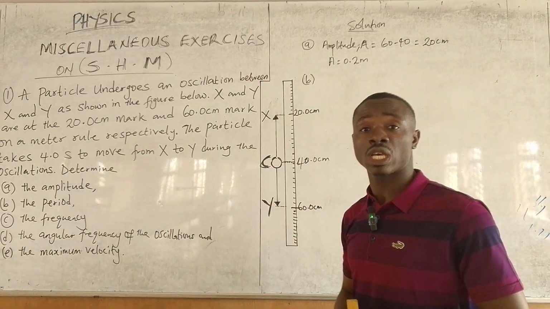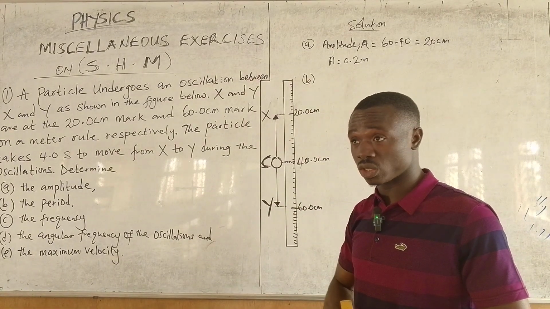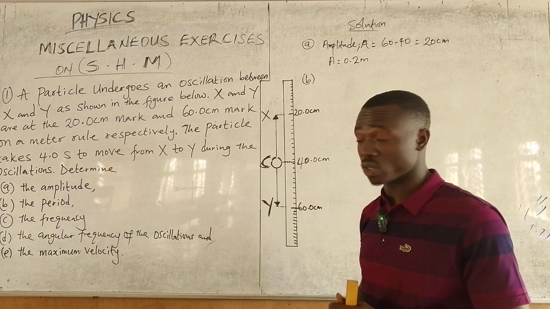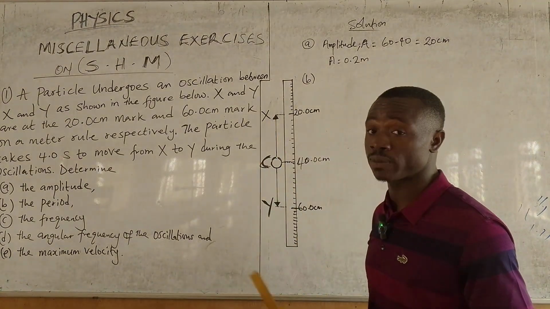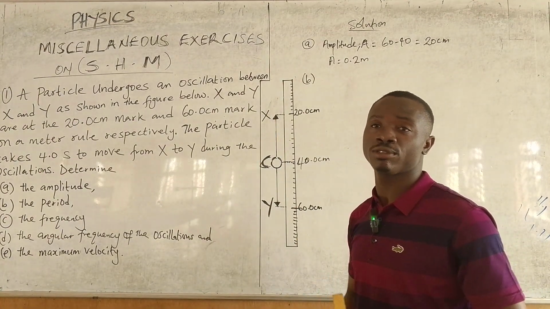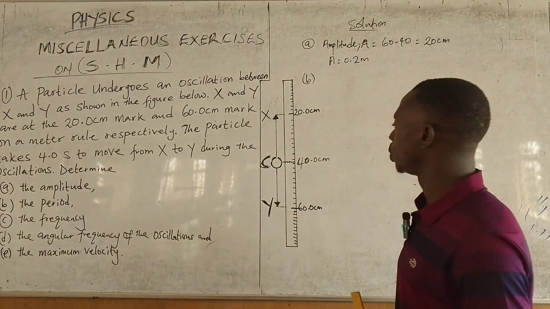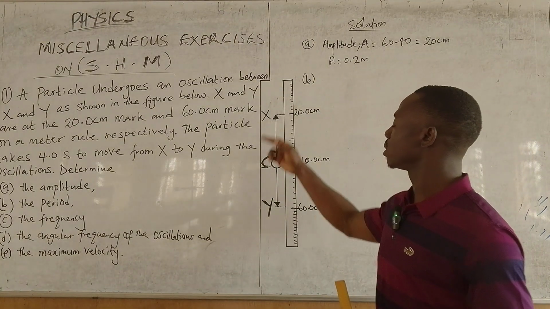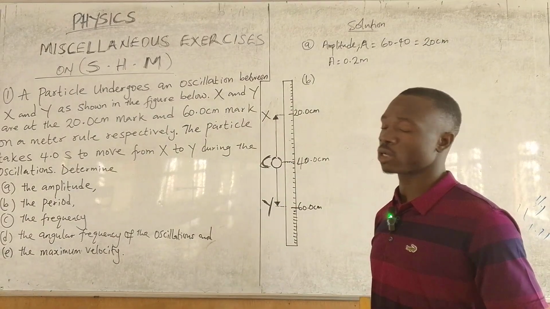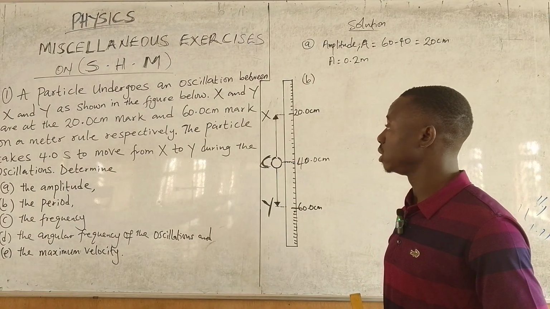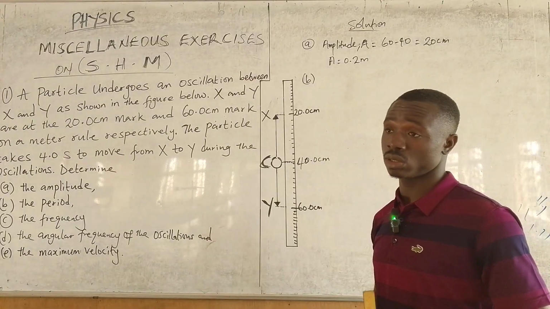But we are told that the particle takes 4.0 seconds to move from X to Y. So from X to Y, what fraction of a complete oscillation do we have? That's half of a complete oscillation. So if the particle takes 4 seconds for half of a complete oscillation, what do you think is going to be the time taken for a complete oscillation?